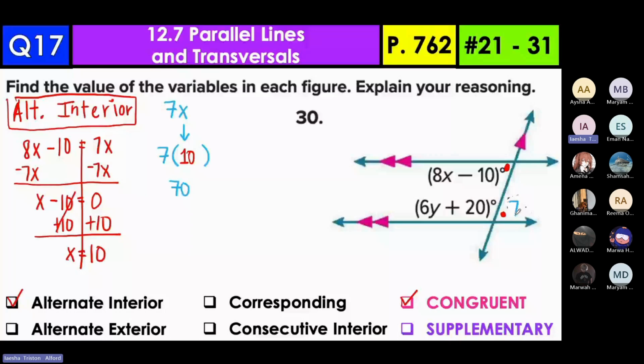Now we have to see these two angles have a different name. What name did you get? Linear pair. Fine, linear pair.